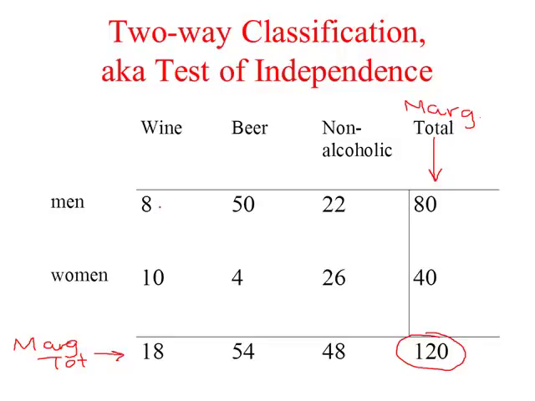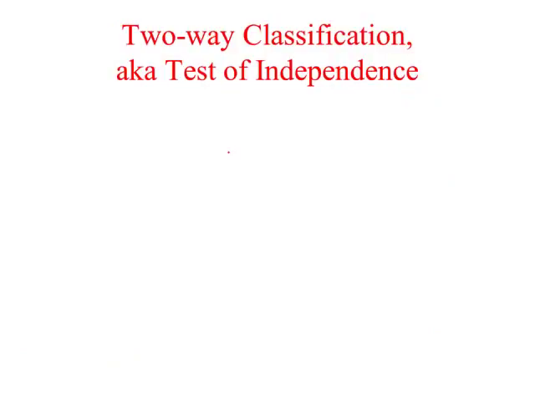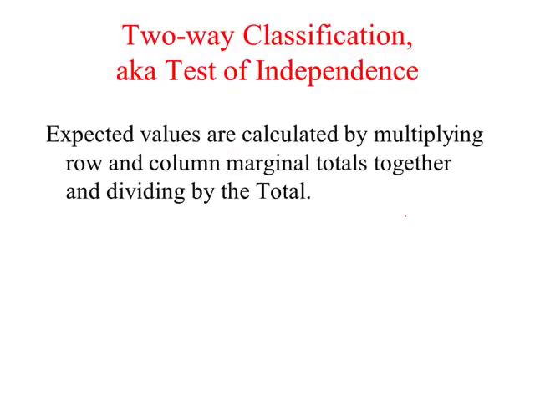And in this case, the null hypothesis is that gender and type of drink have no association. Doesn't matter if you're men or women, that won't affect how you choose your drink. So our expected values are calculated by multiplying our row and column marginal totals together, then dividing by our overall total number in our sample.